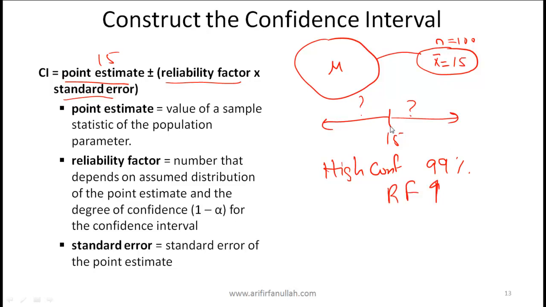So you will need a larger number. On the other hand, if you are stating with only 90% confidence, then your reliability factor is lower, and this range can be a little lower. The other term that's relevant is the standard error of the point estimate that we've talked about earlier. The higher the standard error, the greater this range.